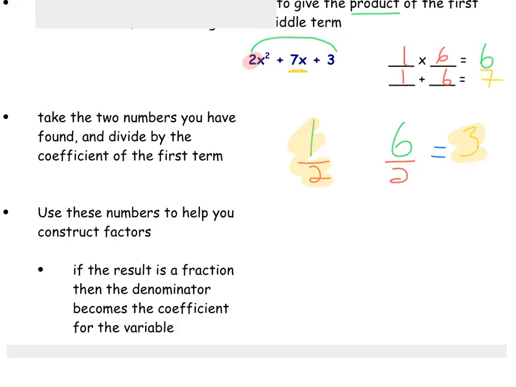Now, take a minute to write down the next instruction. Okay, so what I'm telling you now is that we're going to use these numbers, the 1/2 and the 3, to construct our little factors that we need. So let me show you, and then we'll see. I know that I'm going to have 2 brackets, because when I factor, I'm taking a sum and making it into factors, a product.